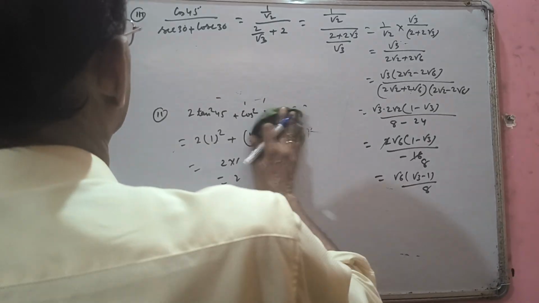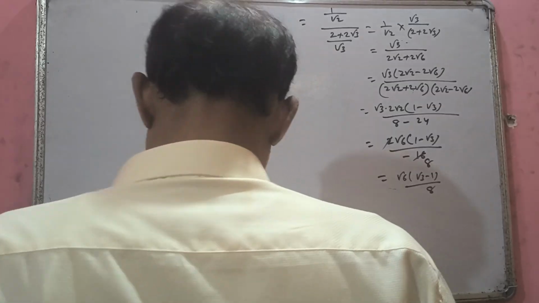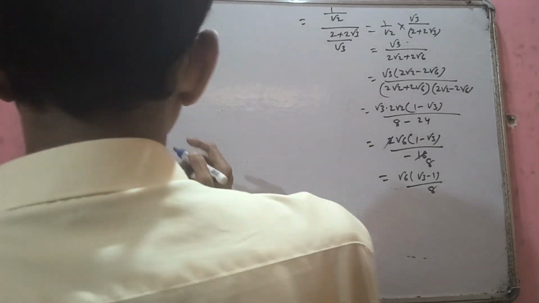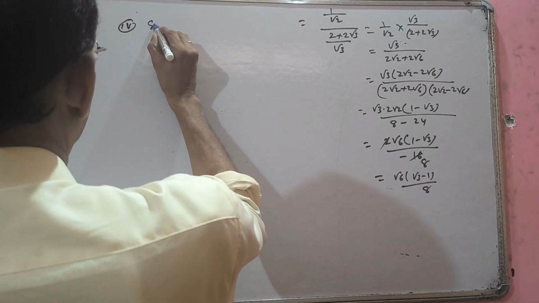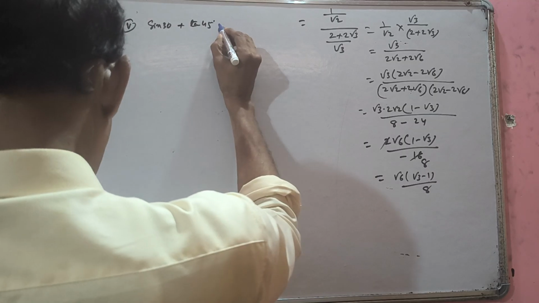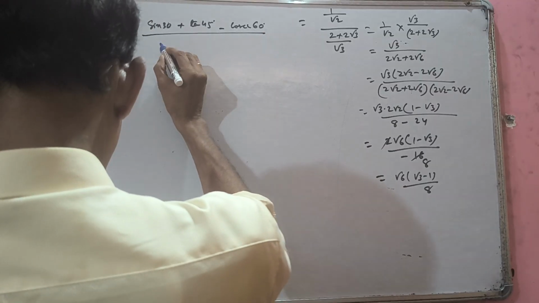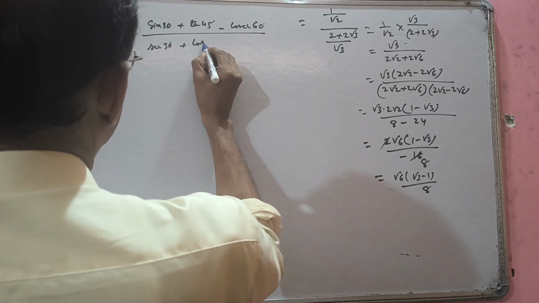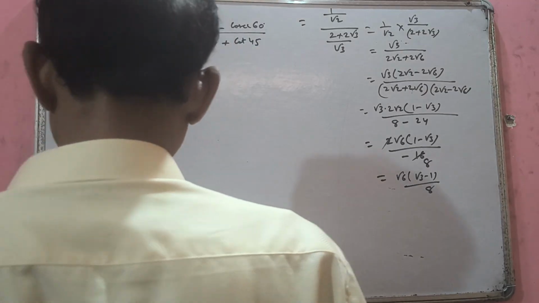Now, number 4. Question number 4. Sin 30 degree plus tan 45 degree minus cosec 60 degree by sec 30 degree plus cos 60 degree plus cot 45 degree.